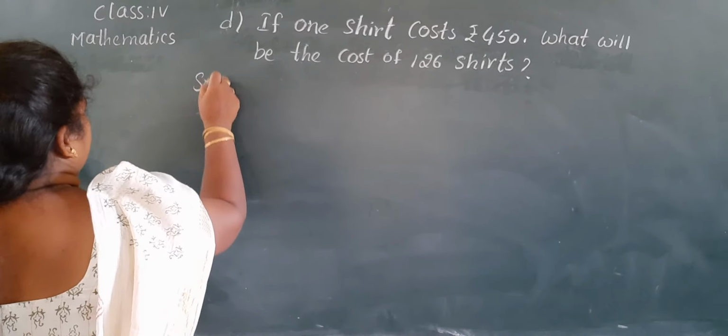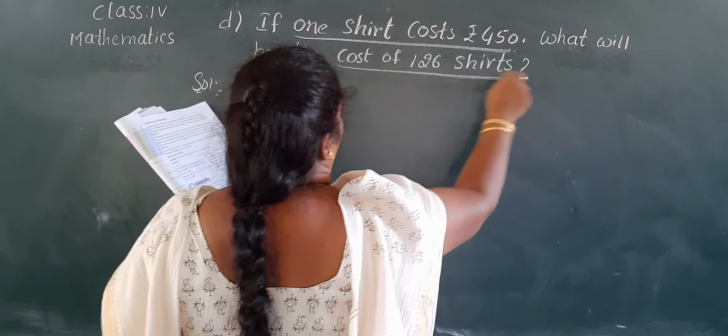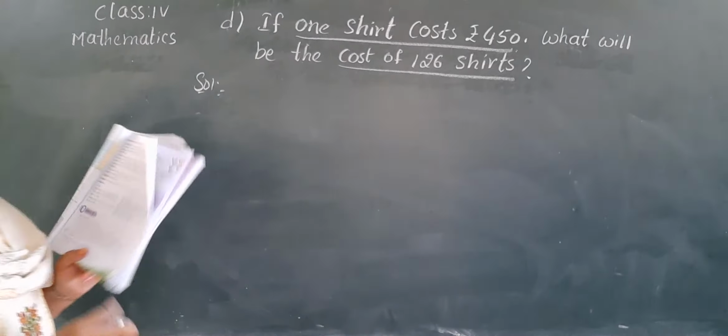Write down, Nana, what is given in the problem? One shirt cost is given. Now we have to find out 126 shirts.